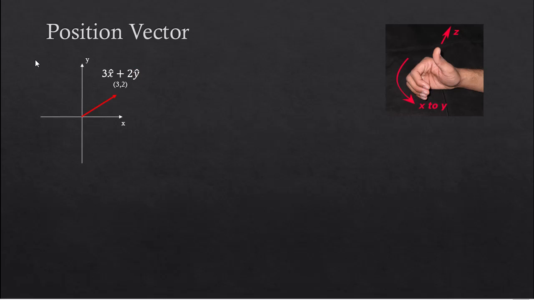Therefore, the position of this point is described by the vector 3x unit vector plus 2y unit vector.